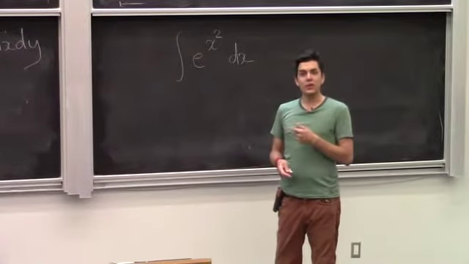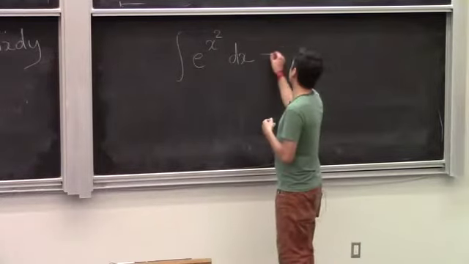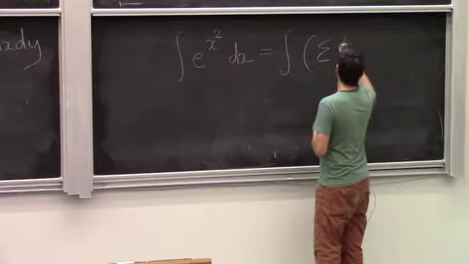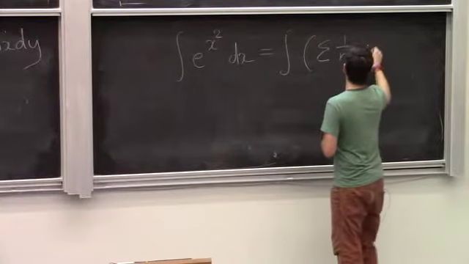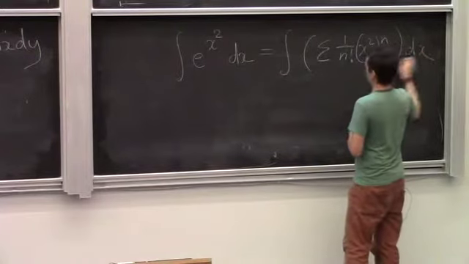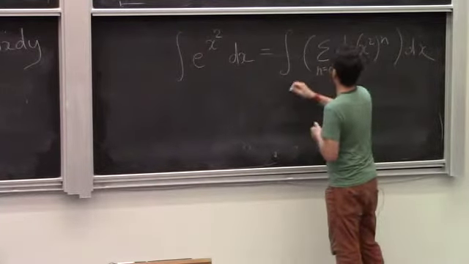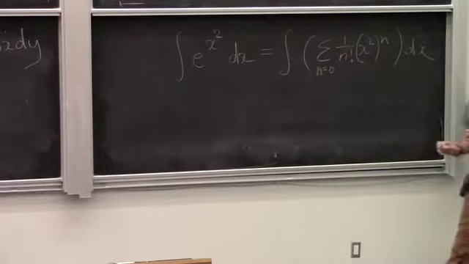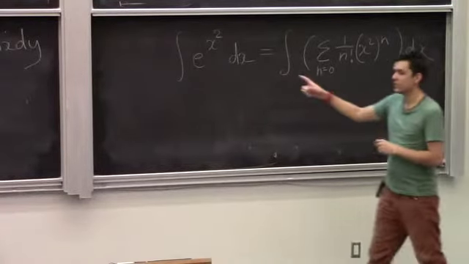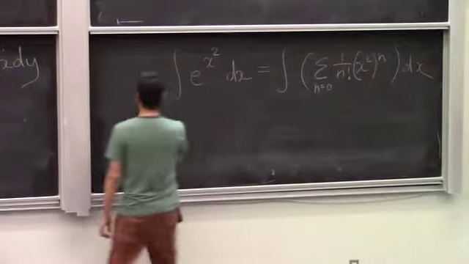So the usual way of getting the antiderivative for this guy is to do something like this, and then integrate it term by term. It turns out there is no simple formula for this antiderivative.